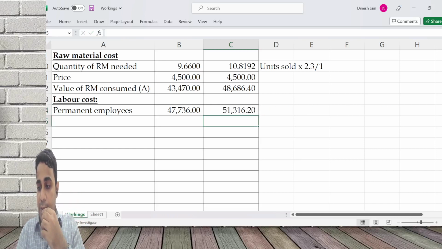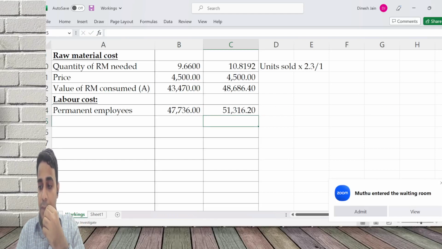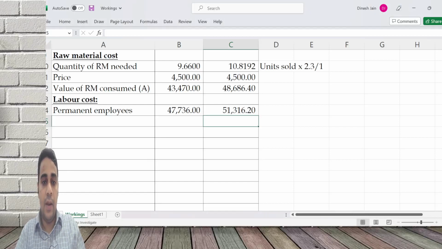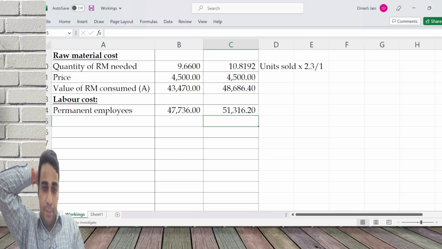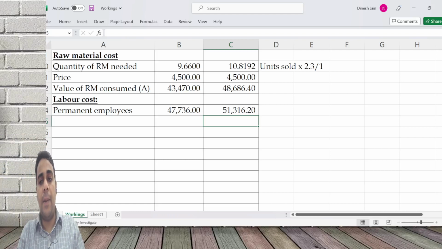Let me know if there are doubts in permanent employees. If there are any doubts in this, please let me know. This is for the permanent employees part.